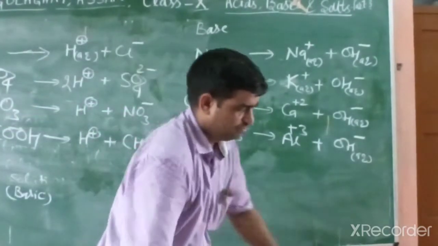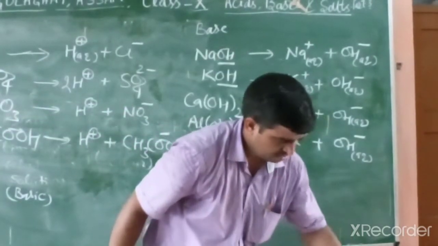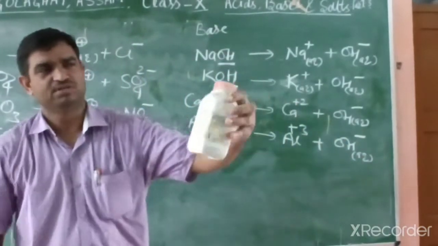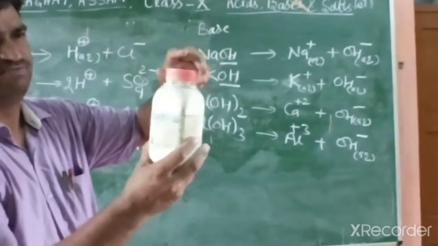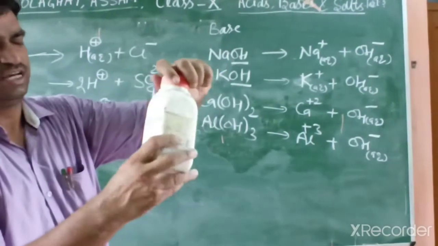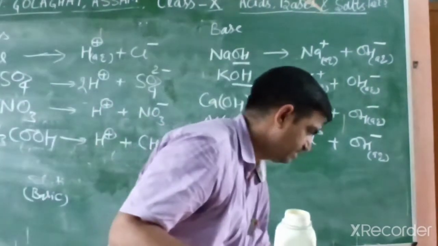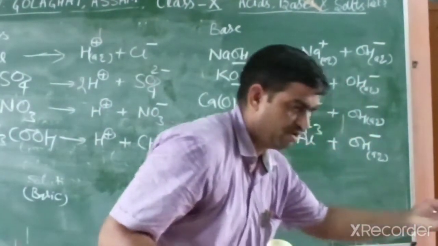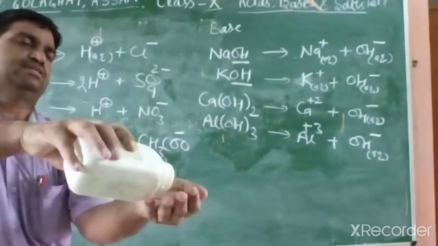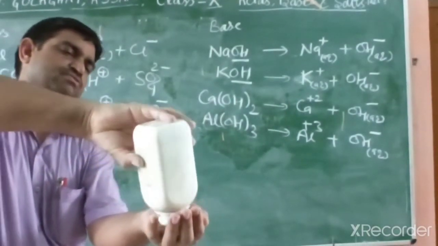Bases: what types are they? I have a base, I can show it. This one is sodium hydroxide flakes. They have this type of appearance, and we can show them in a watch glass. In a watch glass, I can observe.